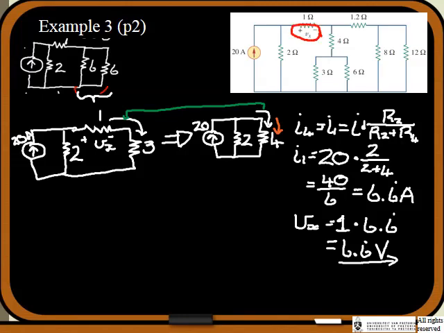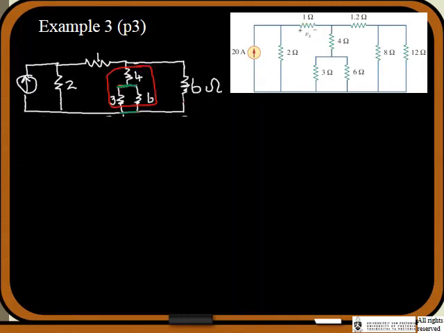That now is solved. So now what we need to still figure out is what is the power over here in the 12 ohm resistor. And for that we actually need to go back to our previous circuits, because that is now going to help us in solving the circuit. Right. In our previous slide, or the first slide of example 3, at some point we ended up with this circuit diagram.